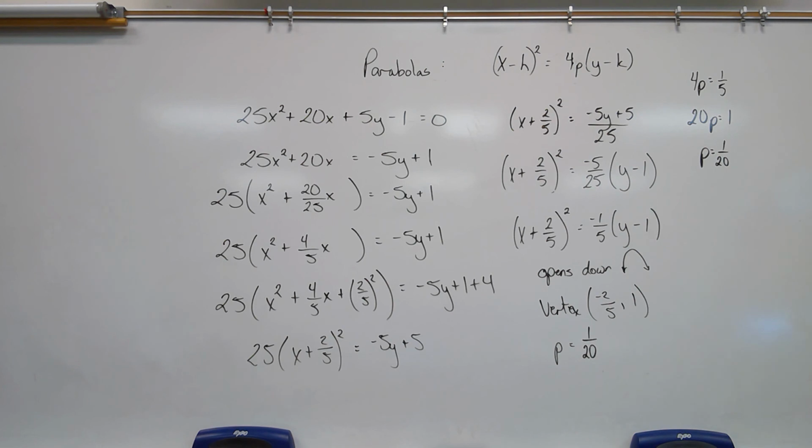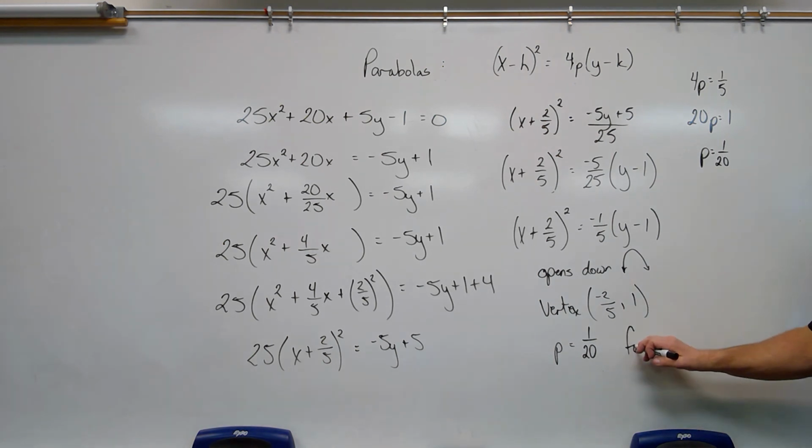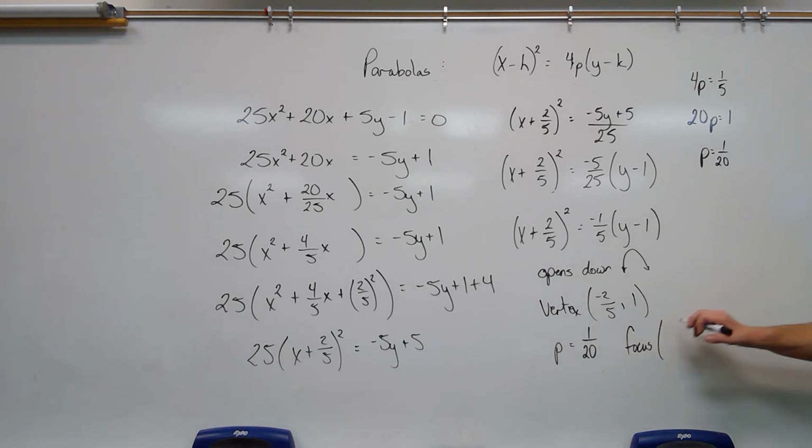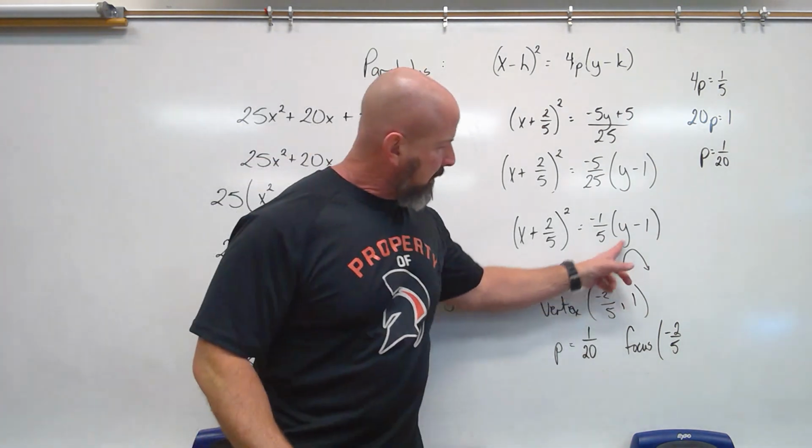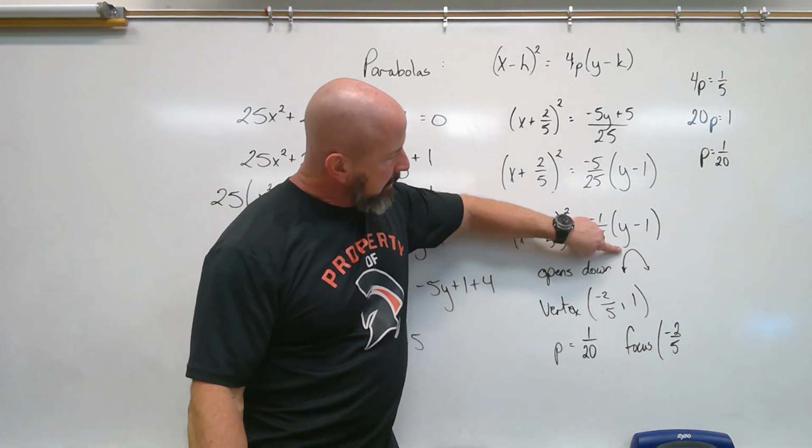And now I can work my focus, my directrix. So here my focus would be negative 2/5. Now, you can go plot it like I did before and get the vertex and such, kind of count down. But sometimes I can just look at this and go, all right, here's my vertex.